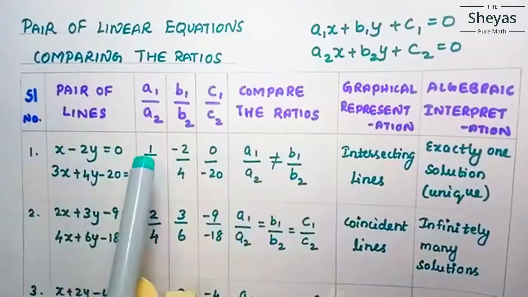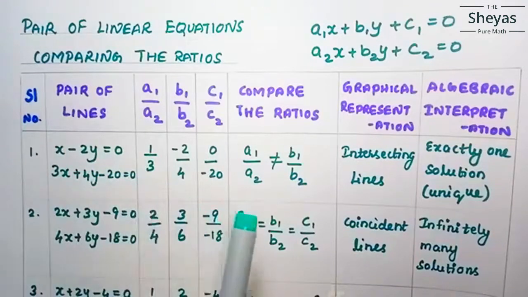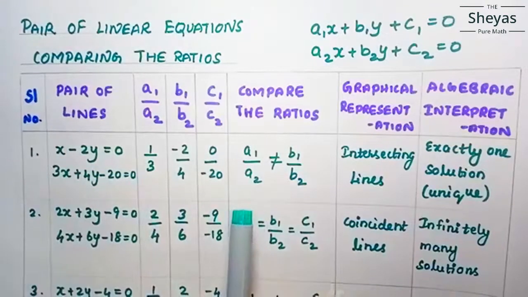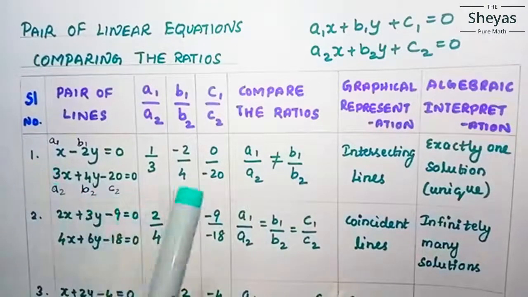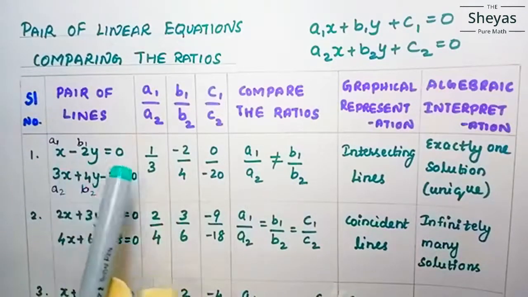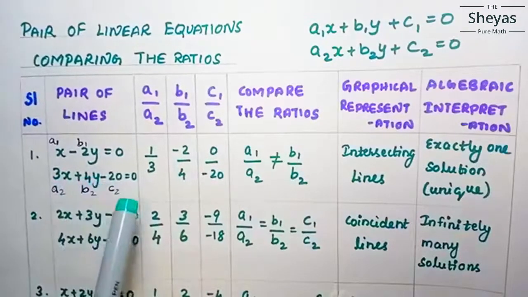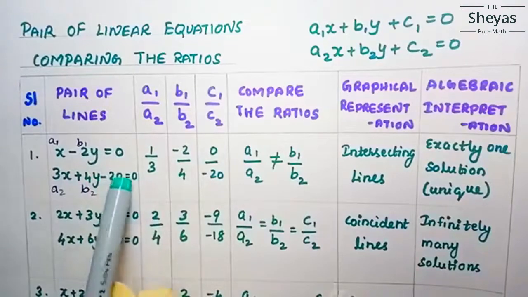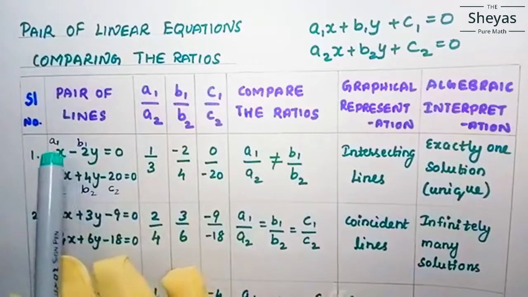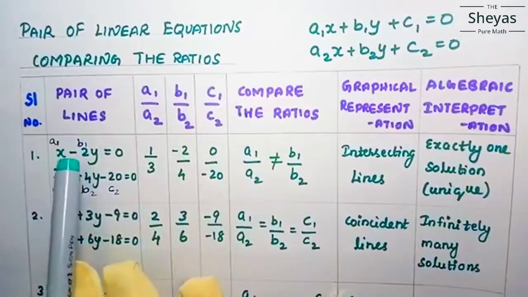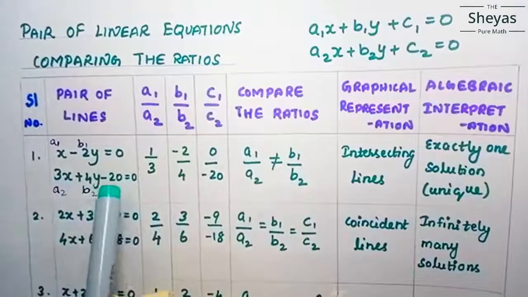Okay, a1 is 1 and a2 is 3. b1 is minus 2, a2 is 3, b2 is 4, c2 is minus 20.